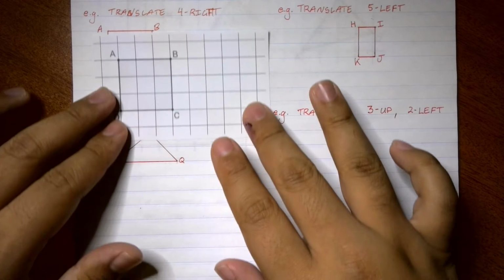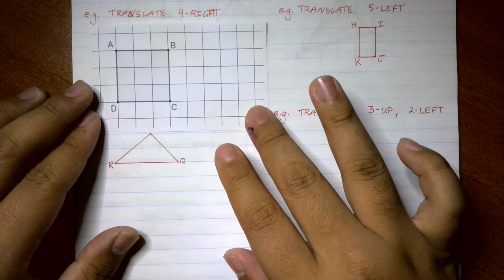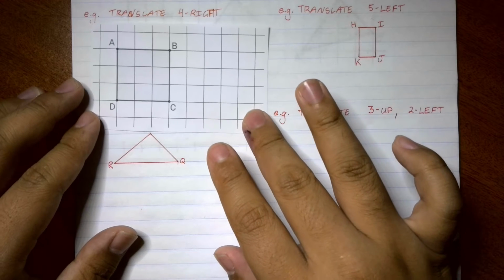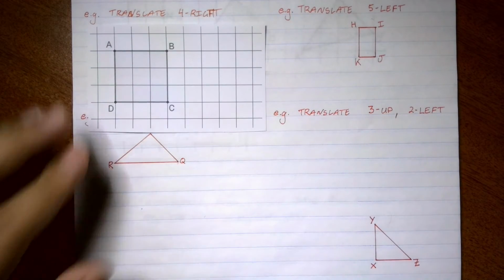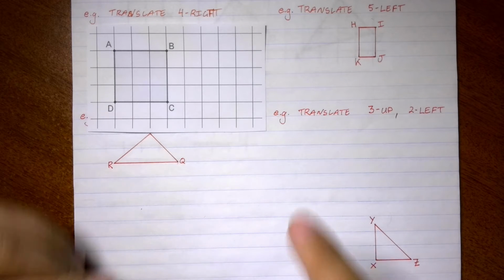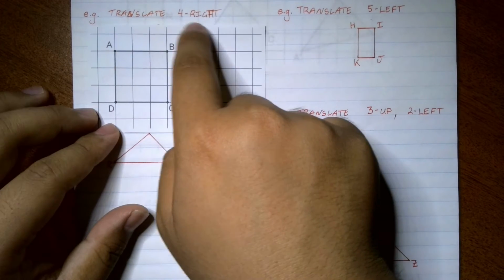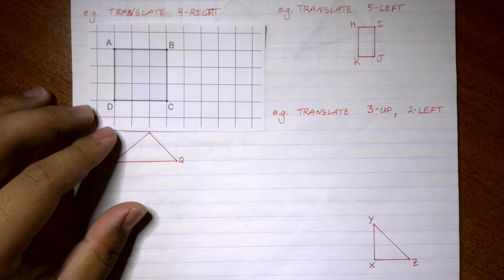So if we take this, for example, when we want to translate this shape 4 spaces to the right, you might often see it as translate right 4 spaces.